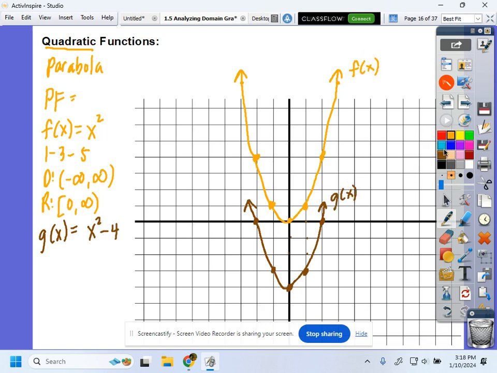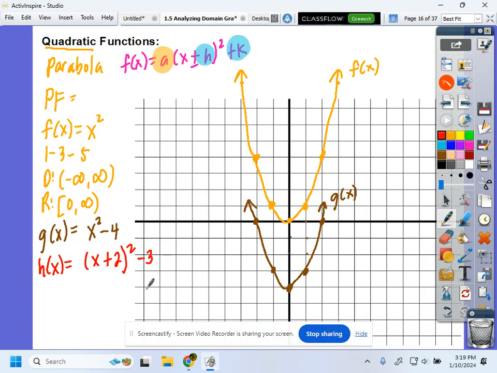Okay, so you can see the pattern. The h of x, let's say, is going to be x plus 2 squared minus 3. Take note, sorry, the formula here should have been minus. My mistake. That should be minus. So since that's minus, the value of h here is 2.